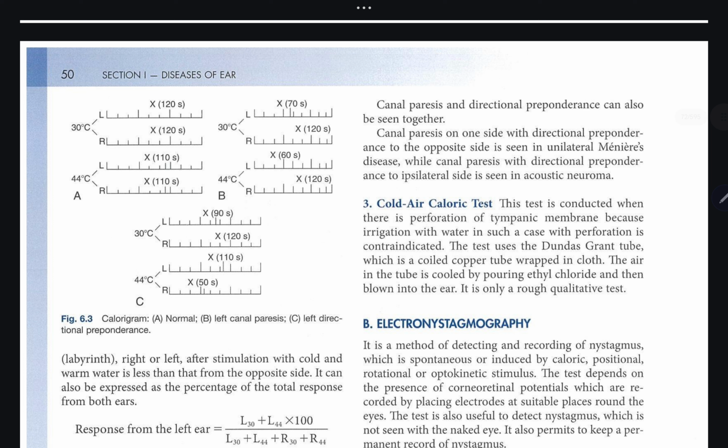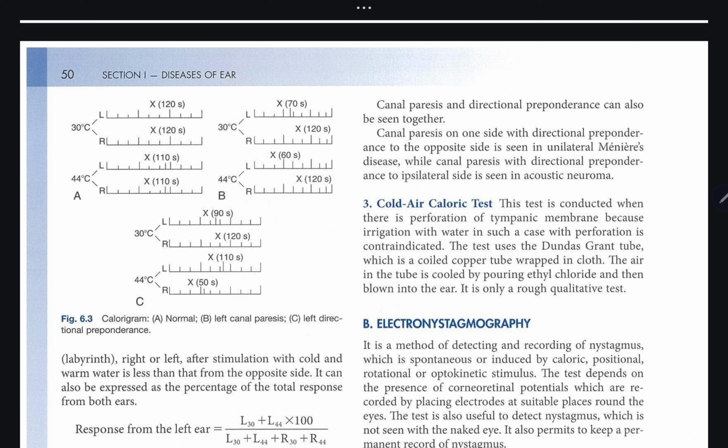Canal paresis and directional preponderance can also be seen together. Canal paresis on one side with directional preponderance to the opposite side is seen in unilateral Meniere's disease, while canal paresis with directional preponderance to the ipsilateral side is seen in acoustic neuroma.